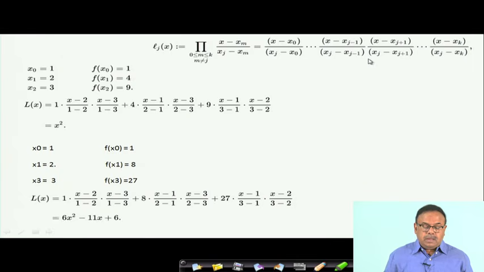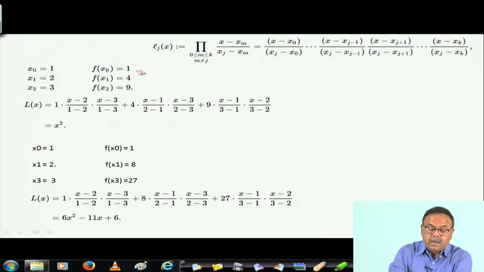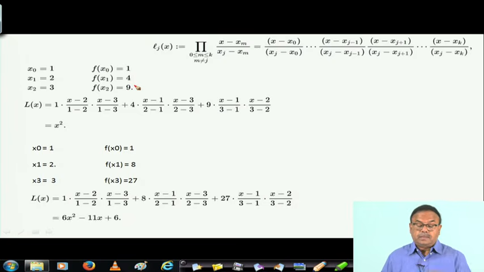Now, suppose the points given are: for x value 1, f x is 1, for x value 2, f x is 4, for 3, it is 9. So, I have to fit a polynomial.